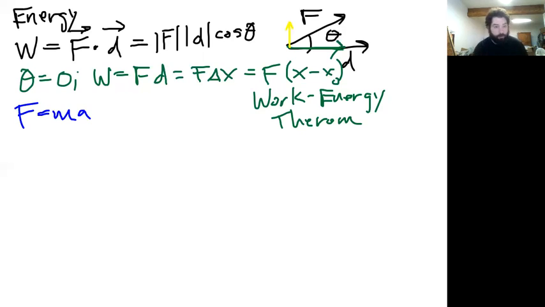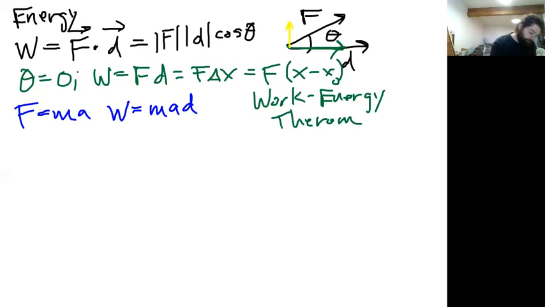So we can substitute that into our equation, and then we have W is going to equal M times A times D. So it spells out mad, but that's the mass times acceleration times displacement.